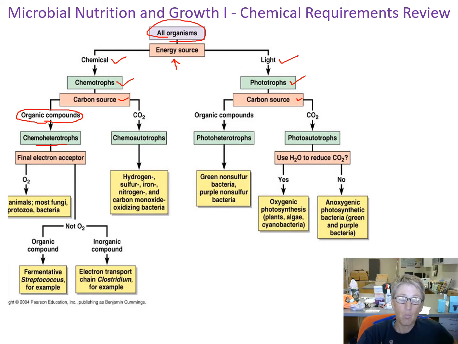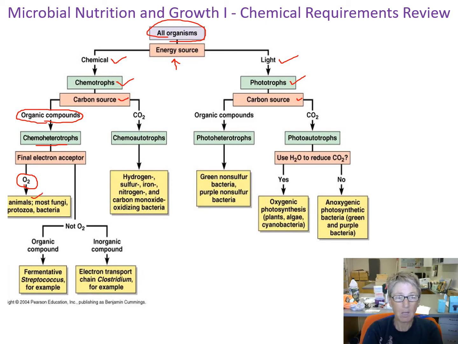And then what is your final electron acceptor when you're breaking down glucose? If your final electron acceptor is oxygen, then you are most likely an animal. Could be most fungi, protozoa, and some bacteria.